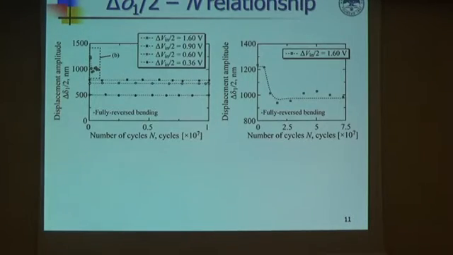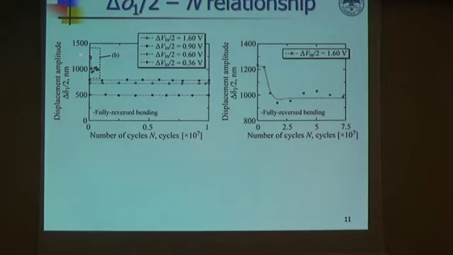Okay, this slide shows the experimental results. This is a relationship between the displacement amplitude and number of cycles. As you see, at the smaller amplitudes, there is no change up to 10 million cycles.